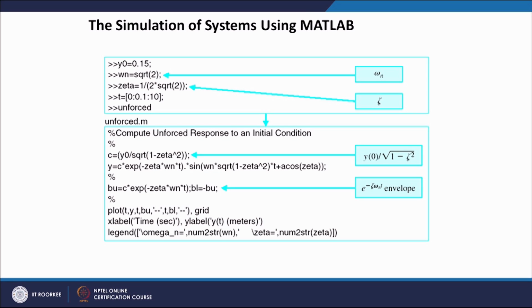Now, to simulate this, we can create an m file like this, where we define this C, and of course the general solution is written. After this, to envelop the general solution, the BU and BL are evaluated, and then we plot the general solution y and the two envelopes BU and BL.